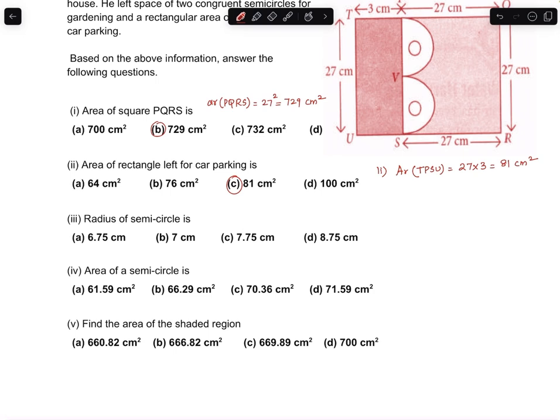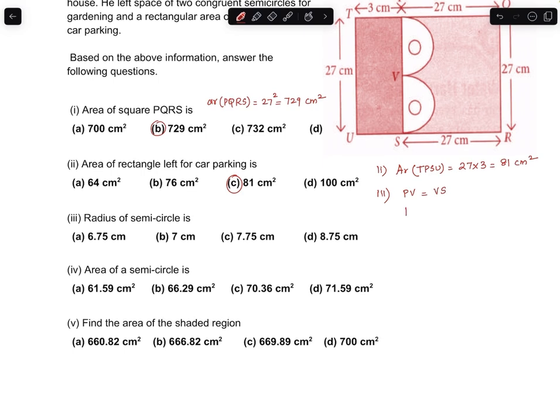Question 3. Radius of the semicircle is. Since the two semicircles are congruent, the diameter of the first semicircle PV is equal to diameter of the second semicircle, which is VS. Now the side PS can be written as PV plus VS. PV is 2 times R. VS is also 2 times R. That is 4R is equal to 27.